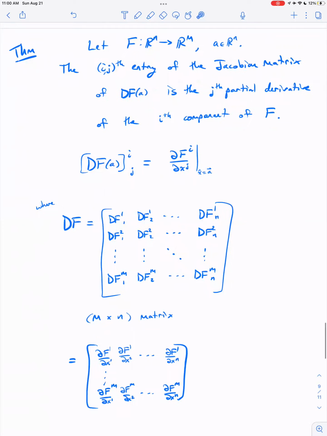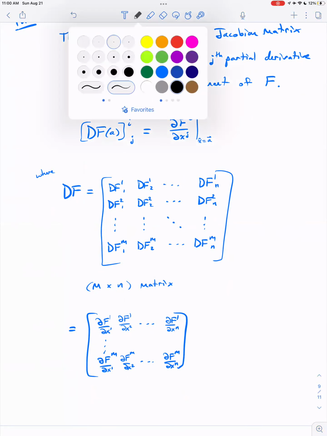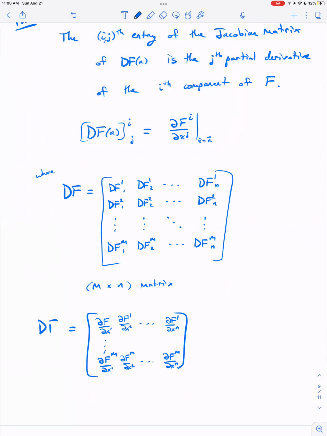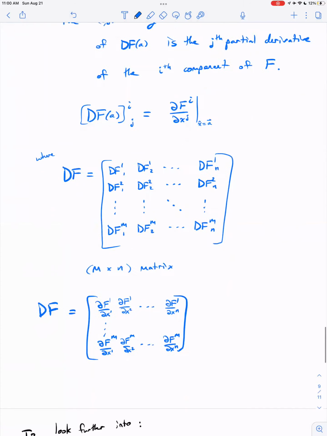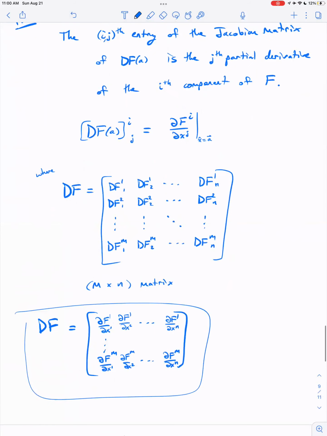I rewrote this using all the indices so you could see which index goes where. So if we write them out in partial derivatives, this is the statement of the theorem.